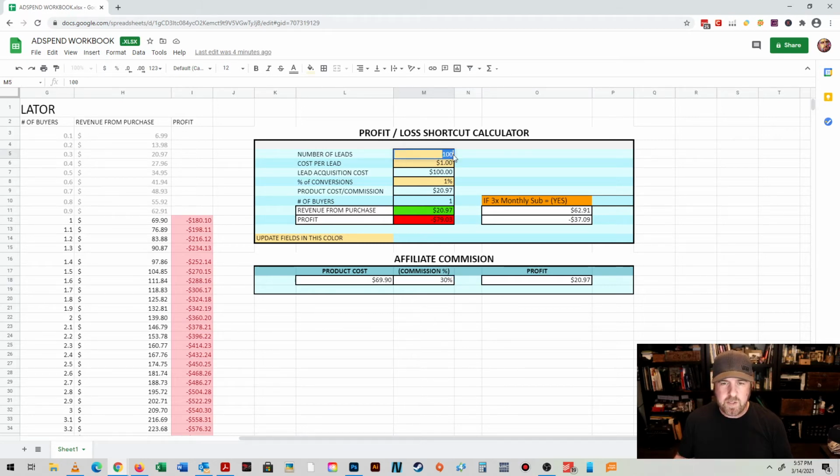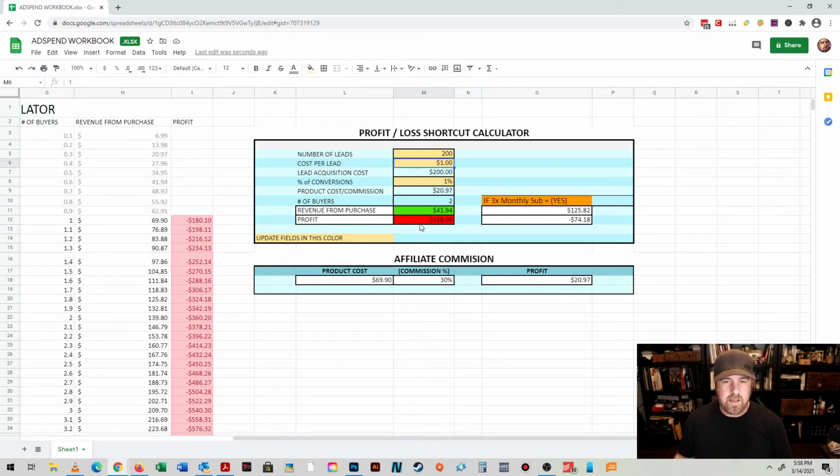So let's go ahead and bump this up to 200 leads. Obviously, as your leads go up, unless you can reduce your cost per lead, these numbers are really not going to get any better. And that's why it's always good to have a combination of free traffic and paid traffic, because you're going to start to make those numbers up.